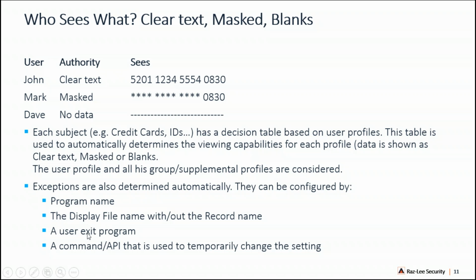And of course, we provide a user exit program which can modify our decision, and we even have a command or an API which will set a time limit or number of counts, number of users, by which the following IOs will provide an altered way of showing the data.